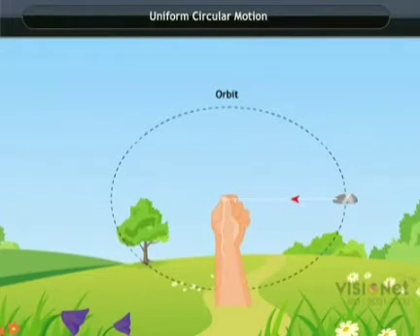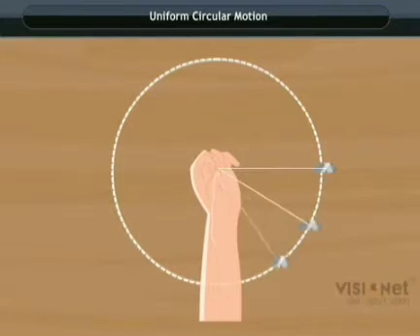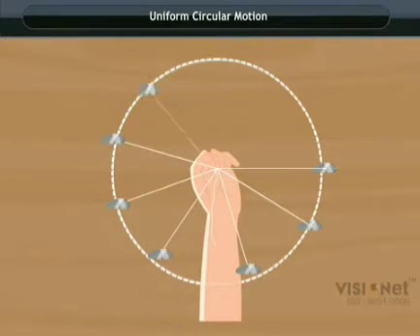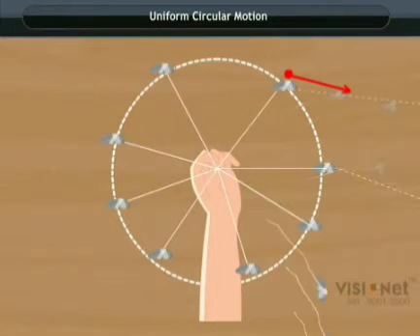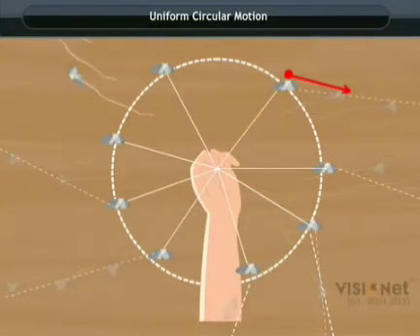To know the direction of velocity of the stone at any point, release the stone at that point and observe the direction in which it goes. If this activity is carried out 4 or 5 times at different points, you will observe that the stone travels in different directions every time. The direction of the stone is a straight line along the tangent to the point of release.